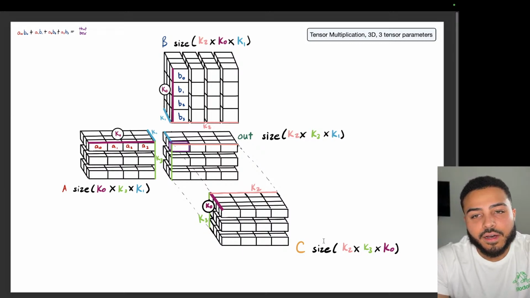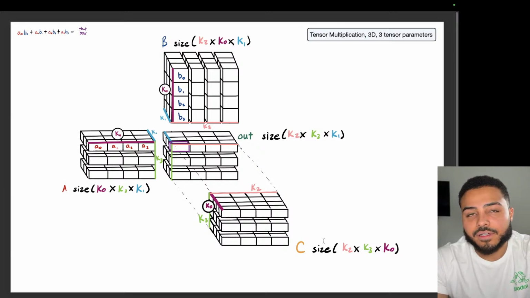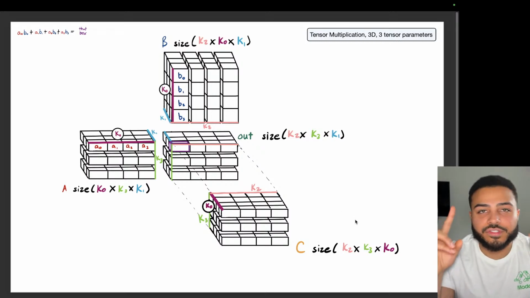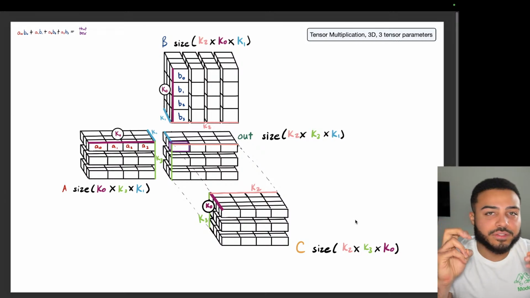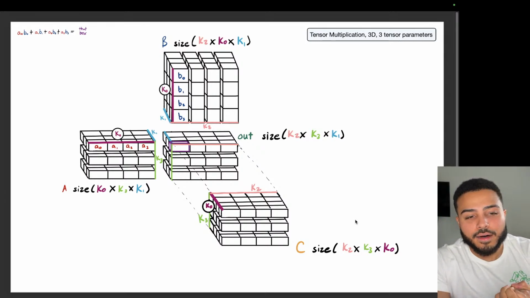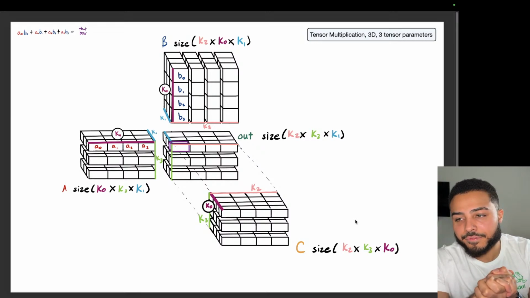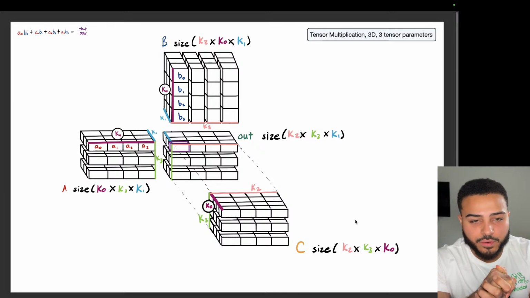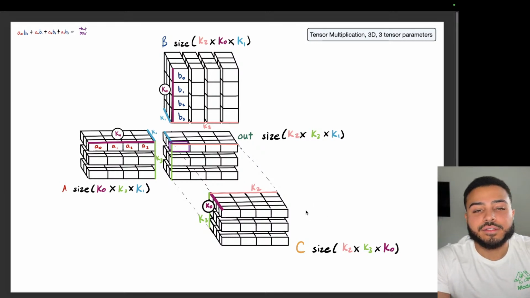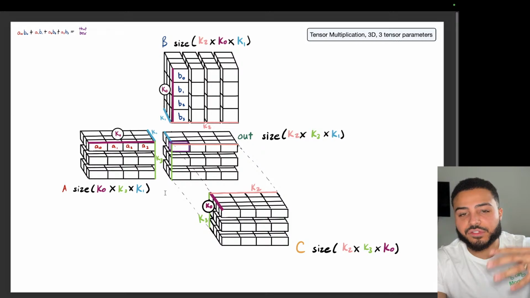So this could be a relatively unexplored way to do sensor fusion, to do multimodality, this type of thing. Because when you're training a neural network, you have something like this over and over again.